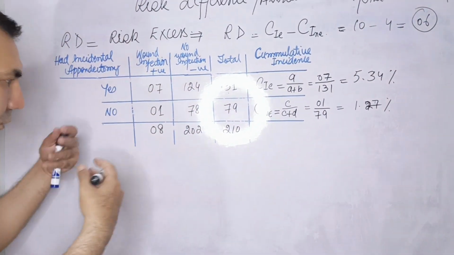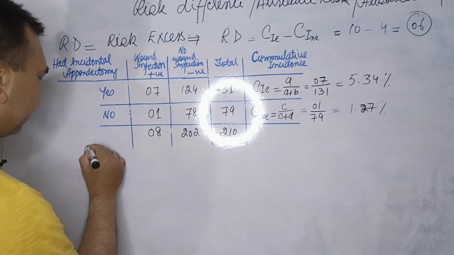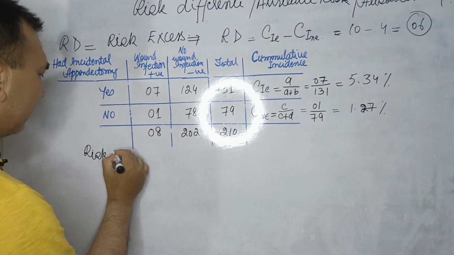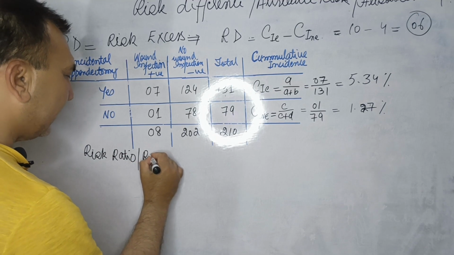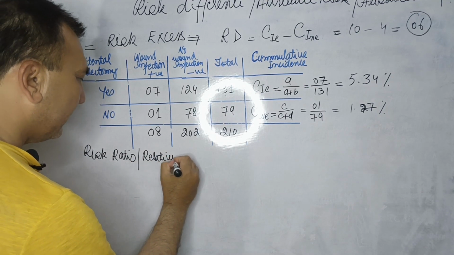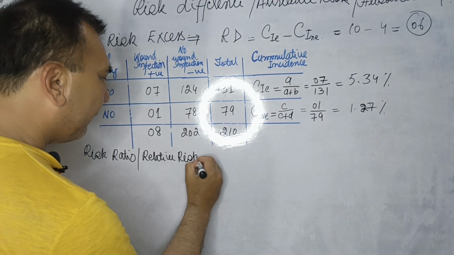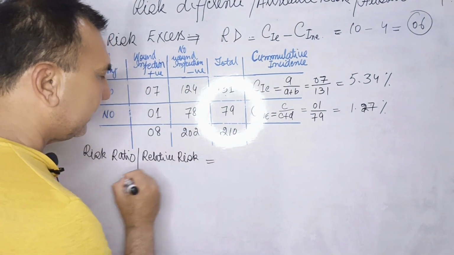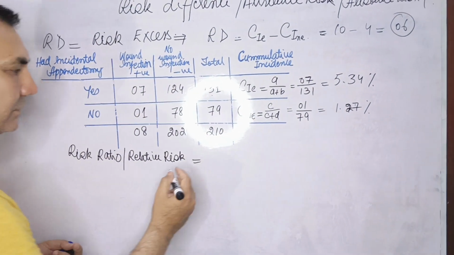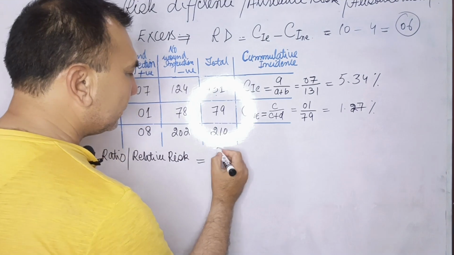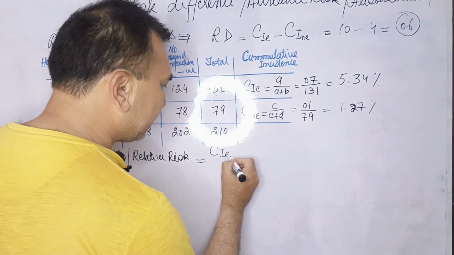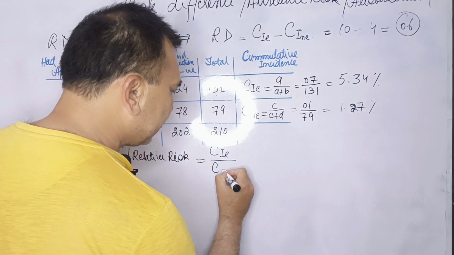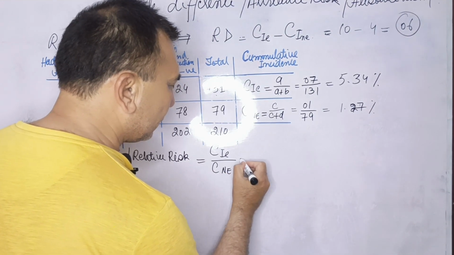Now we will calculate the risk ratio. We can also calculate the risk ratio, or relative risk. The other name for this terminology is the relative risk. So we divide the cumulative incidence in the exposed group by the cumulative incidence in the non-exposed group.